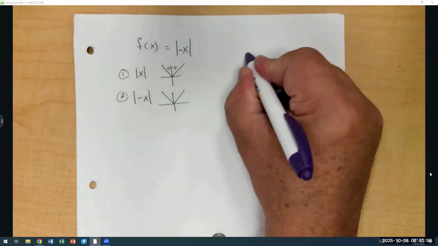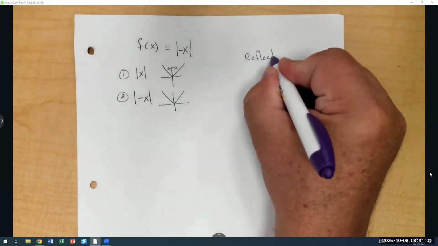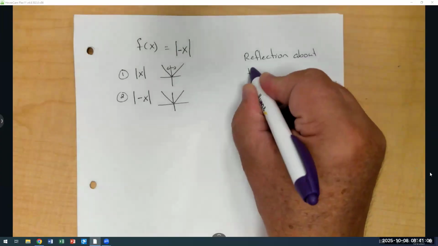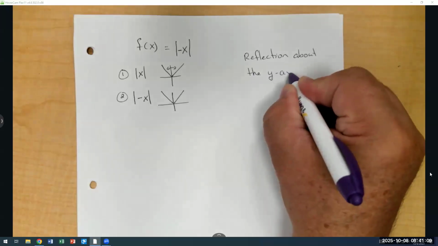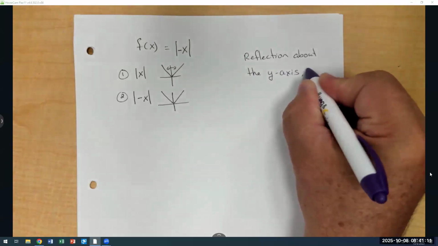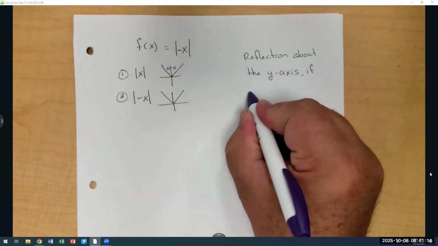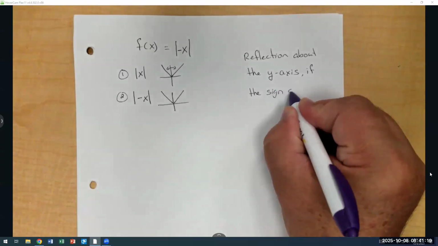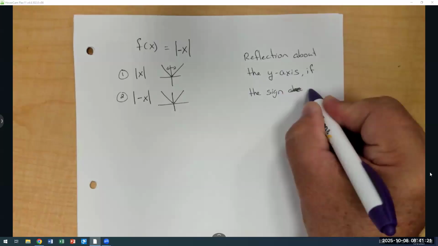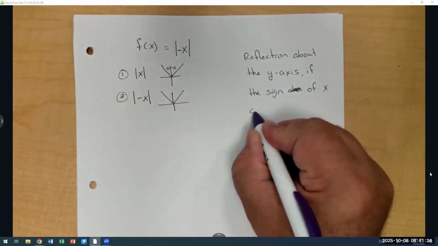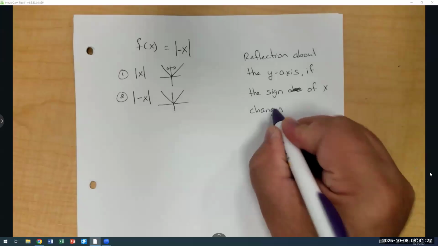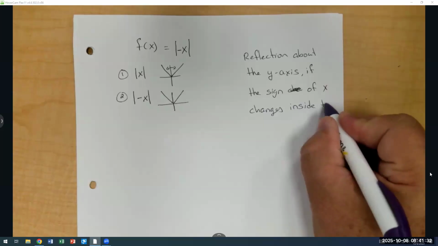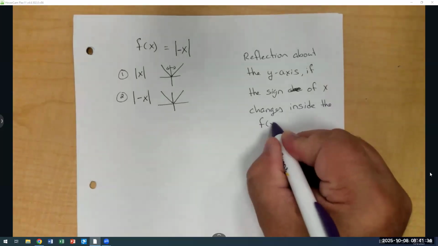So reflection about the y-axis, if the sign of x changes inside the function.